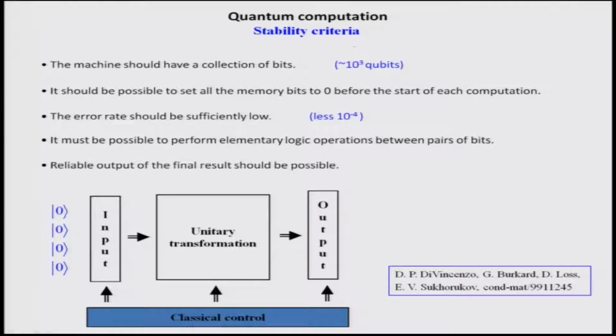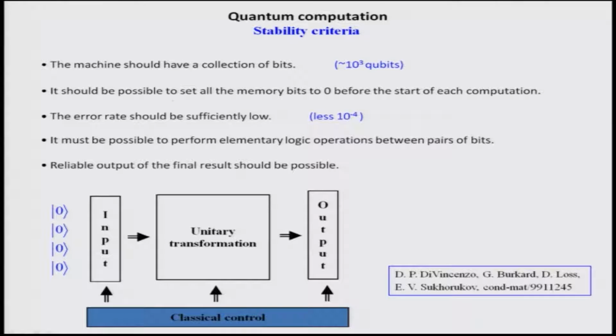So, the stability criteria which is often used for this is that the number of qubits, this is at the time when we were making sure that the implementation aspects are looked at properly. The machine should have a collection of bits and these bits would generally be of numbers which make some levels, say 1000 qubits or so.